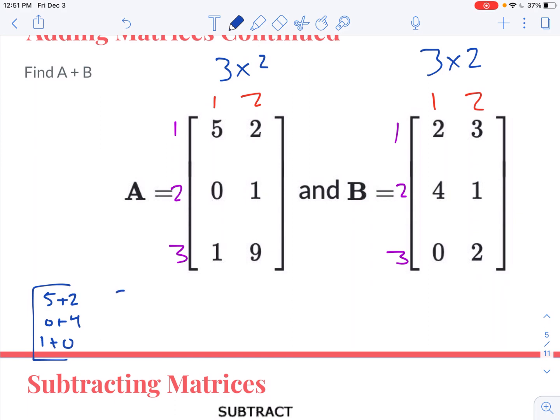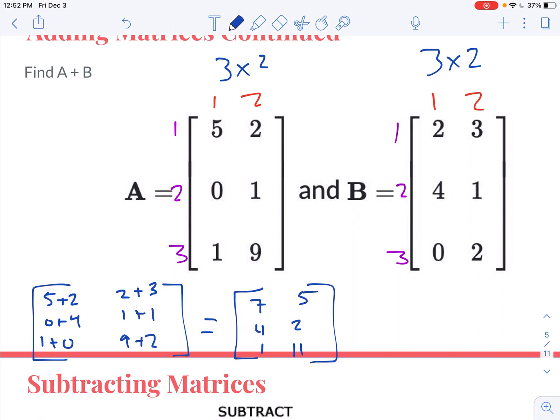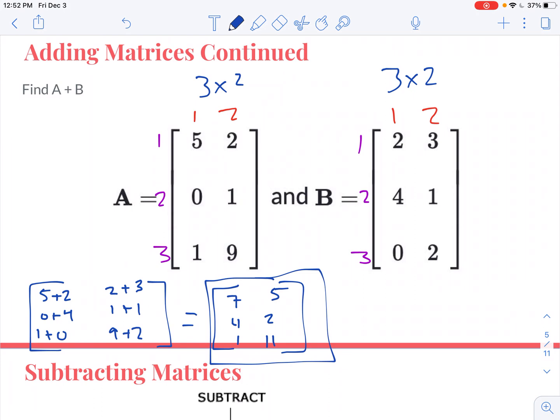I also have 2 plus 3, 1 plus 1, and 9 plus 2. I'm just adding the numbers together in their corresponding places, and I end up with a matrix of 7, 4, 1, 5, 2, and 11. And again, I can see that I have a 3 by 2 matrix. So I added two 3 by 2 matrices and ended up with a 3 by 2 matrix. That is exactly what I want to happen. This is good news for me.